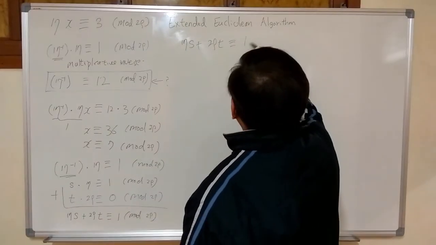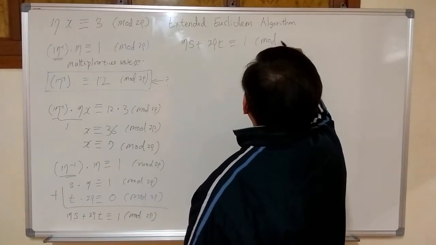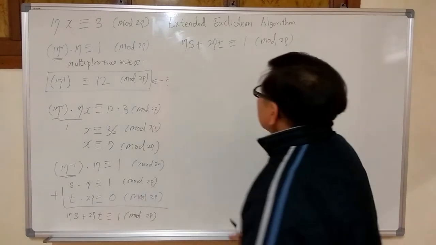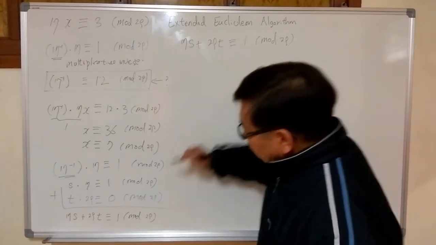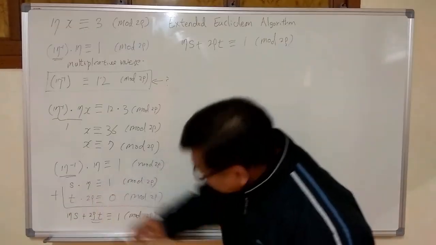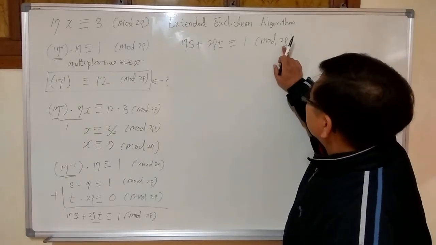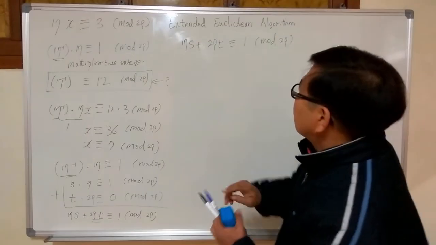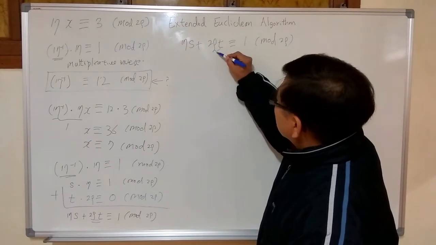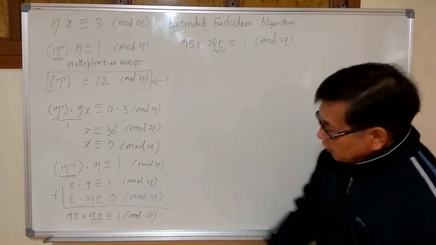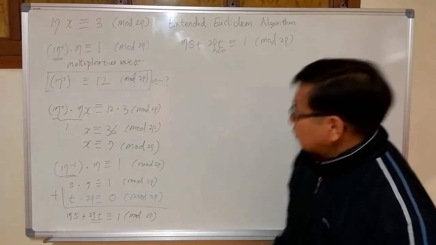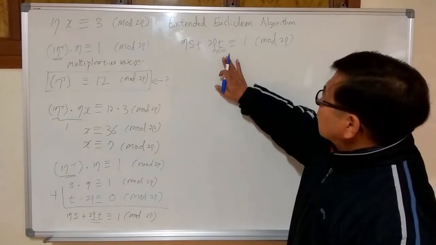In this equation, please note that this term can be 0 because this is 29, this is 29. This term can be 0, so it can always be satisfied here.